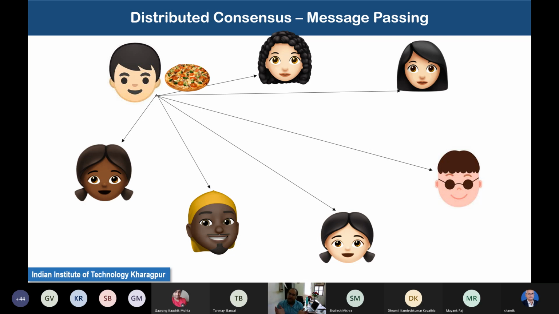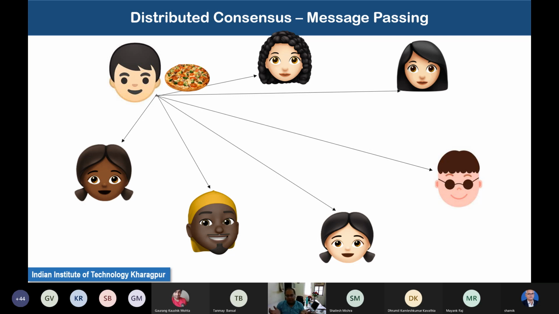Here, in this particular environment, I will be able to take the decision only when I receive the information from all my peers in the network. Then only I'll be able to apply a maximum function to find out whether the maximum number of people are choosing pizza or burger.